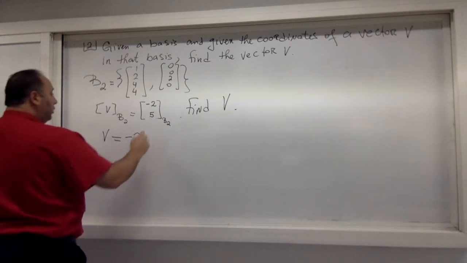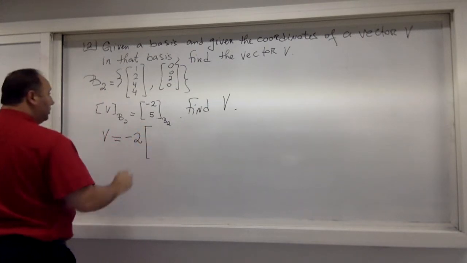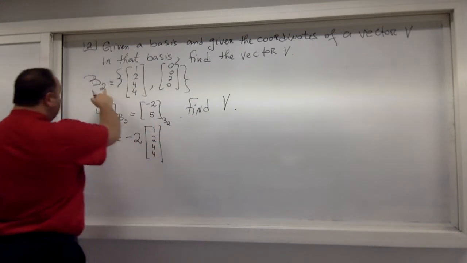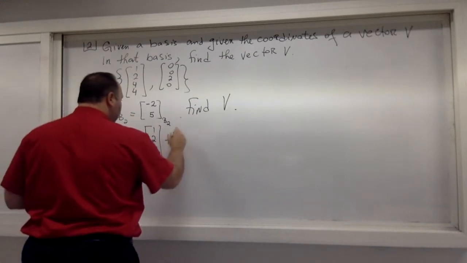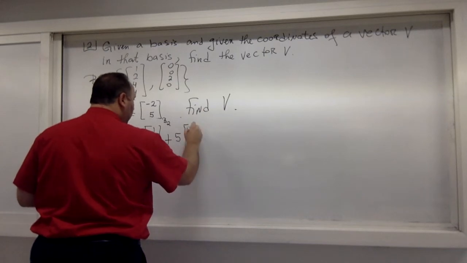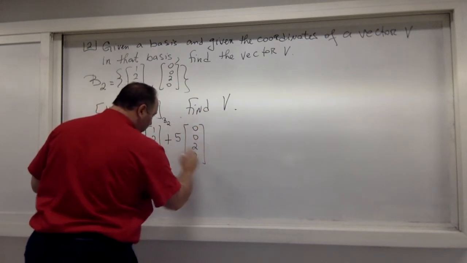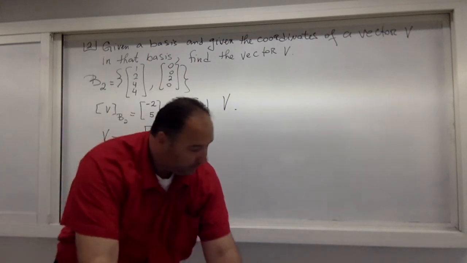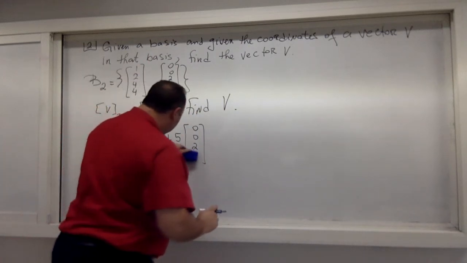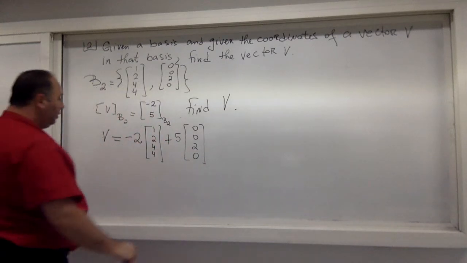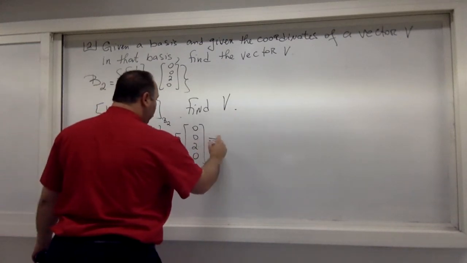So the coefficient in front of the first basis vector is -2. So I copy the basis vector. We change the basis just for fun, so we use the other one. Okay, so this is 0. To be cute, we are on TV. Okay, so all you need to do is compute now.